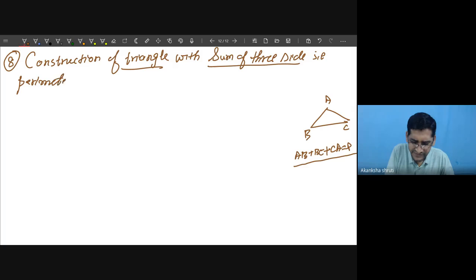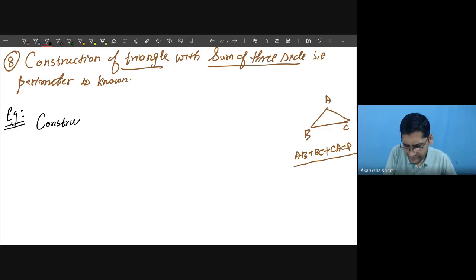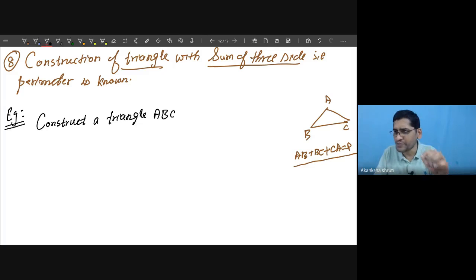Perimeter is known under this condition. So let me take one example. We have to construct a triangle ABC. In this case, the sum of the three sides and two base angles will also be given.